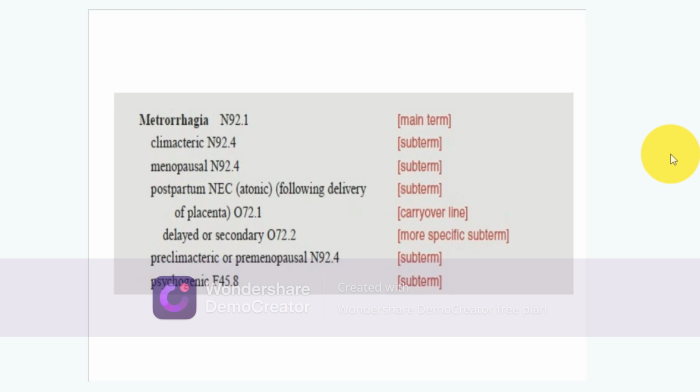Postpartum NEC, atonic, following delivery of the placenta O72.1, that is the carryover line. Delayed or secondary O72.2 is a more specific subterm. Preclimacteric or premenopausal N92.4 is a subterm, or psychogenic F45.8 is a subterm. So you can understand what the main term, subterms, carryover lines and more specific subterms are. These are all examples.